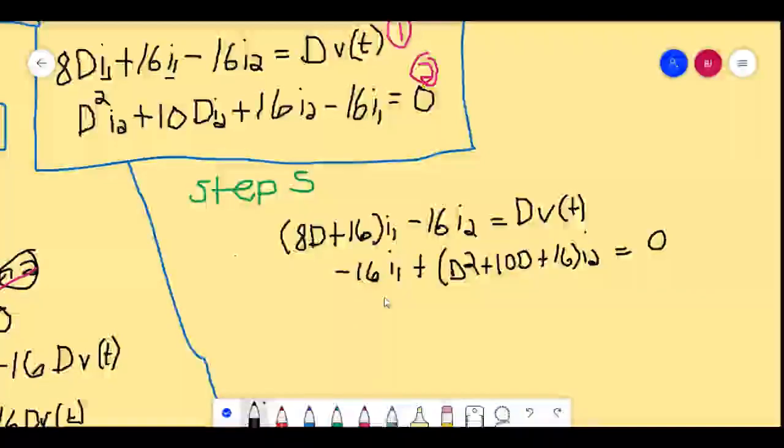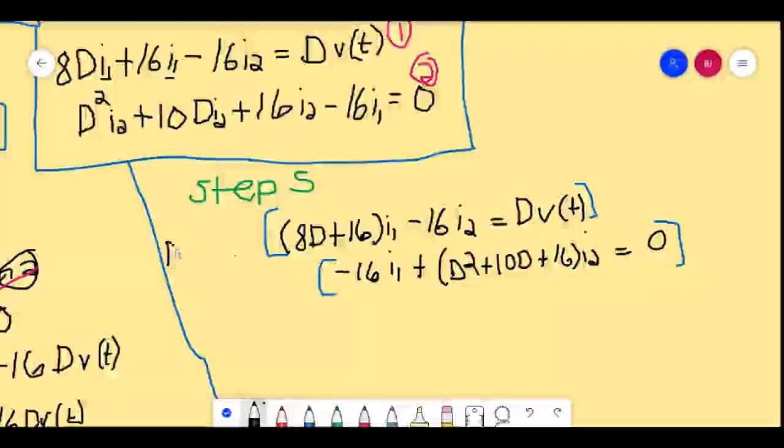So this time around, I'll be multiplying the bottom with the coefficient of I2, and then the top equation with the coefficient of I2 at the bottom. Just like what we did with step 4, but instead of eliminating I1, we'll be eliminating I2.